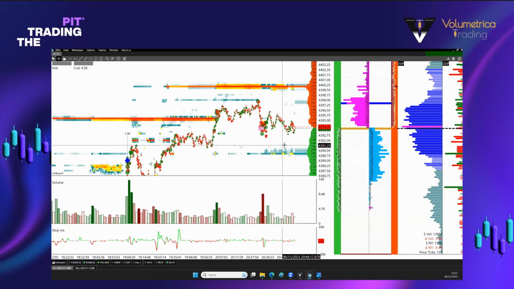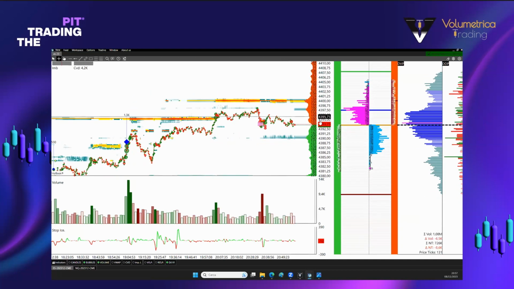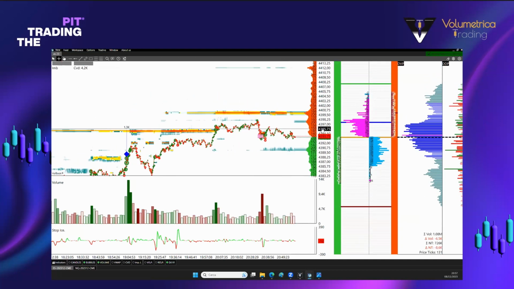Price will also always tend to reach areas where trades are facilitated. So that means the market will always tend, as a rule of thumb, of course, to go from a pool of liquidity to the next pool of liquidity.